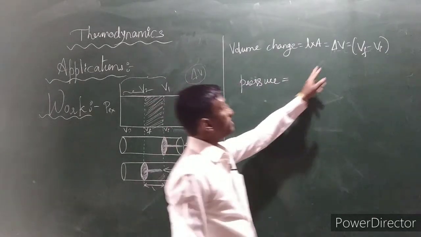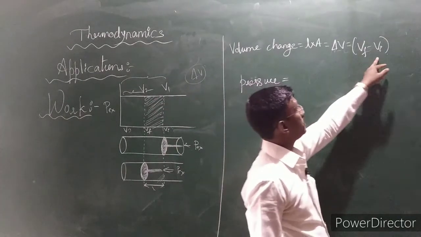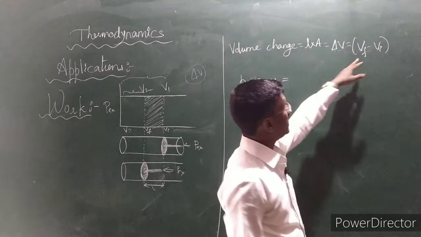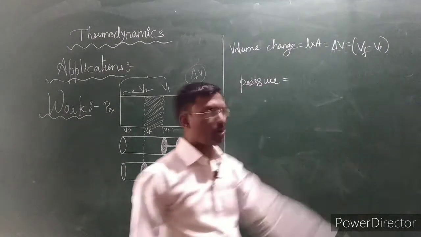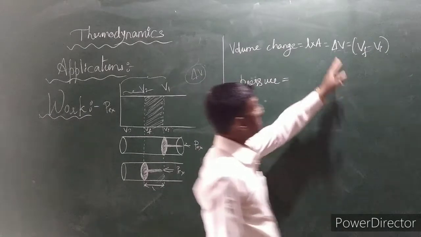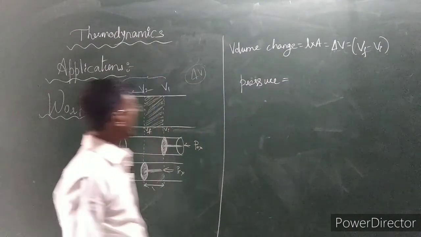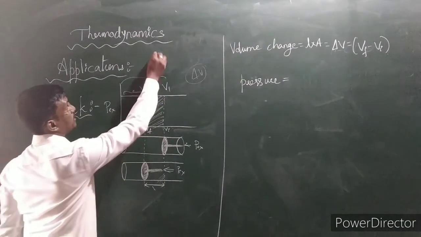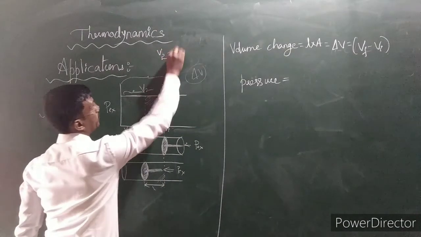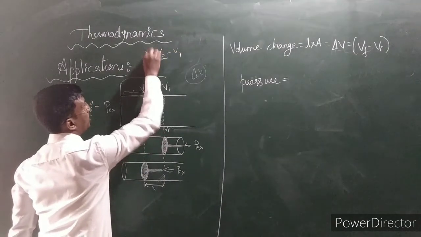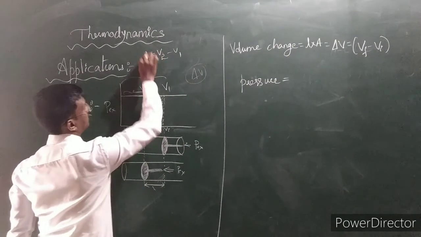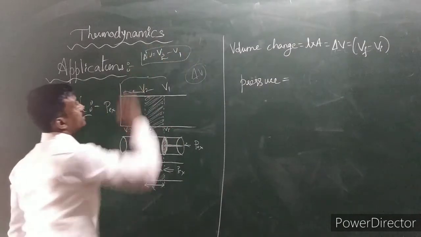Therefore, change in the volume can be written as Vf minus Vi. If you need, you can directly write Vf minus Vi only. No problem with this. I have written it as V2 minus V1. Whenever we take V2 minus V1, the delta V value is going to be negative.